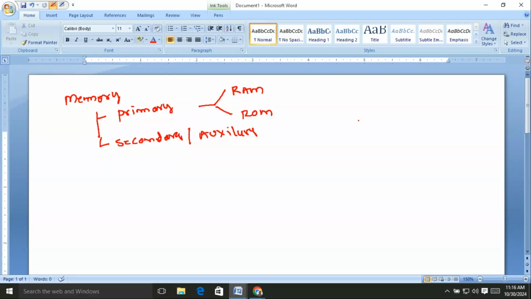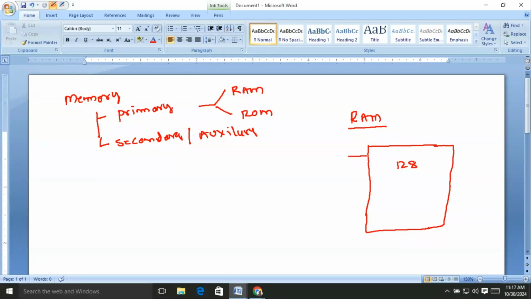In our previous class, we completed the discussion about the random access memory, and we also illustrated the block diagram of the RAM chip. For the basic computer, we are connecting the 128 bytes RAM chip.